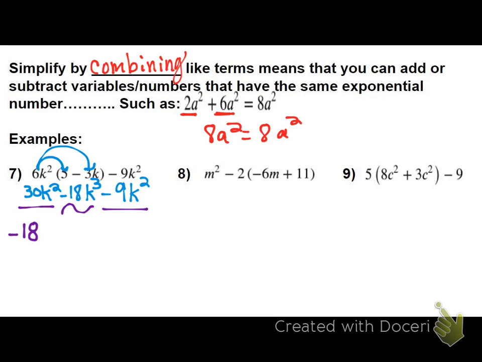So negative 18k cubed. And then I combine my like terms. So 30k squared minus 9k squared is 21. Is that going to be a positive or a negative? Positive. And that's going to be your final answer. You don't have any more like terms that you can combine.